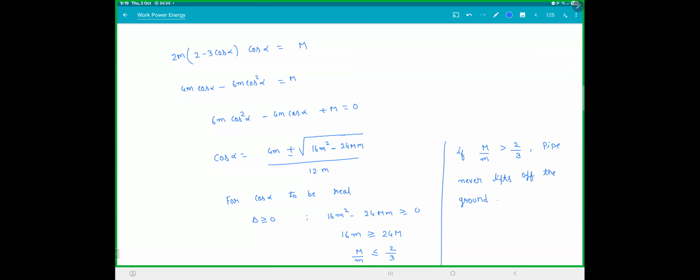Okay, let's see. Cos alpha. Okay, you simplified it further, okay? Okay.